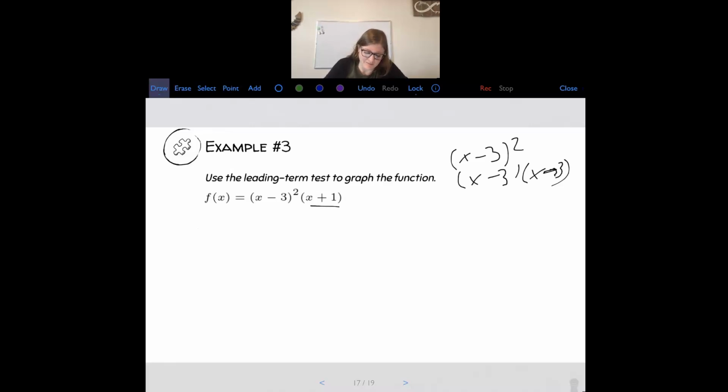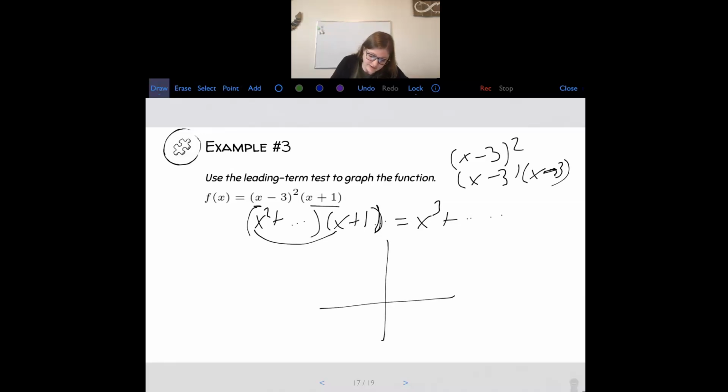So from here we would get x squared plus a bunch of stuff times x plus 1, and then if we were to distribute, our leading term would come out to be x cubed plus a bunch of stuff. So you can look ahead at what the multiplication would look like in order to determine what our leading term is going to be. Okay, so our leading term is going to be x cubed, so it has an end behavior as a squiggle, so this graph could go something like this.